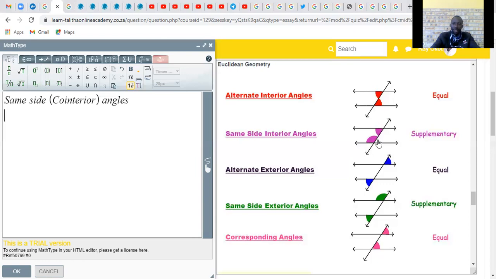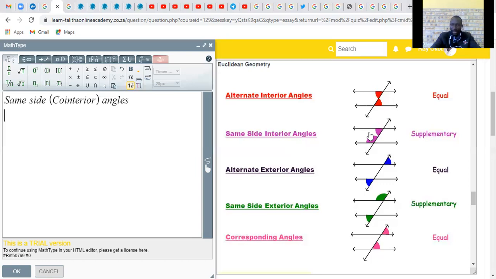In one previous video, we investigated alternate interior angles. Now in this lesson, we are investigating co-interior angles, or same-side interior angles.